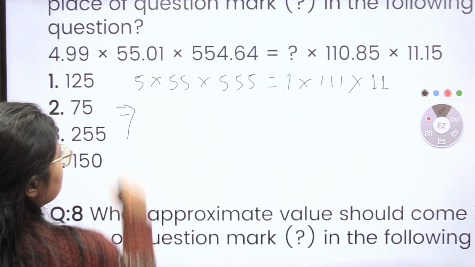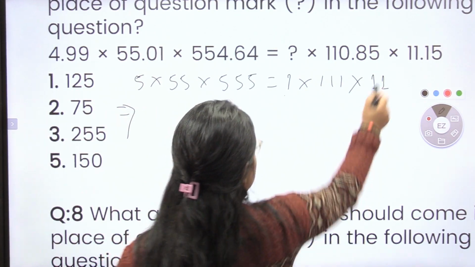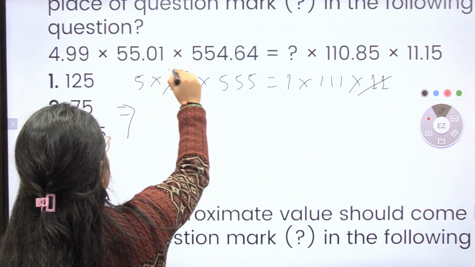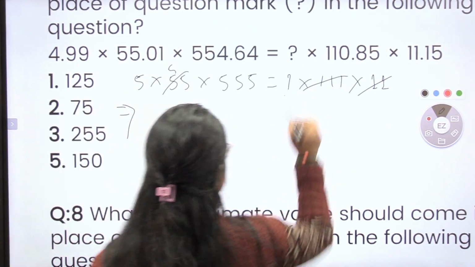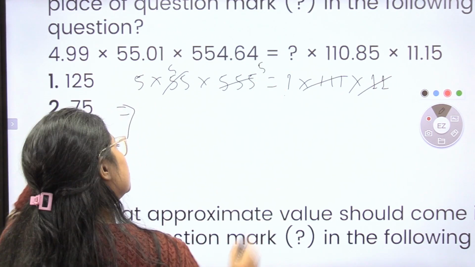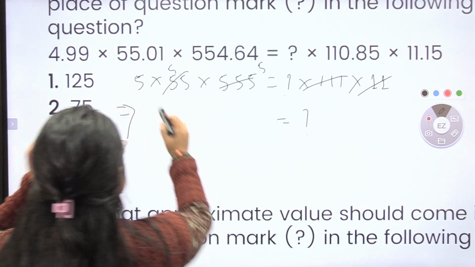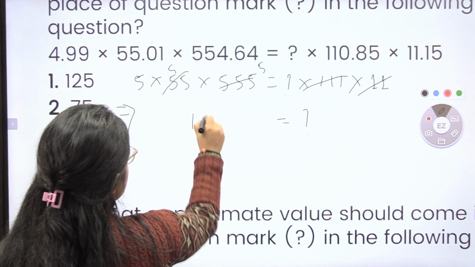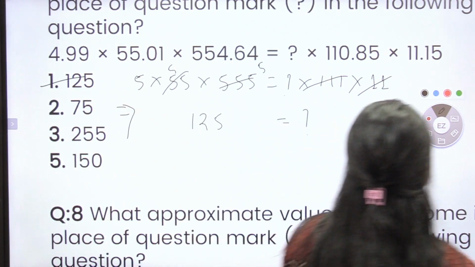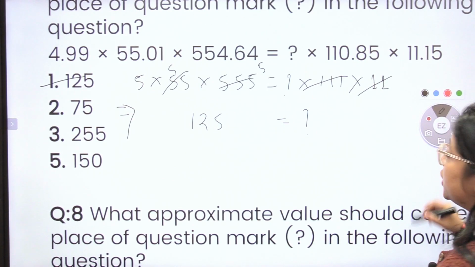So from here you can solve directly. Cut 55 by 11, it will give you 5. Cut 555 by 111, it will give you 5. So your question mark value is 5 into 5 into 5, that means 125. Okay, 125. Fine.